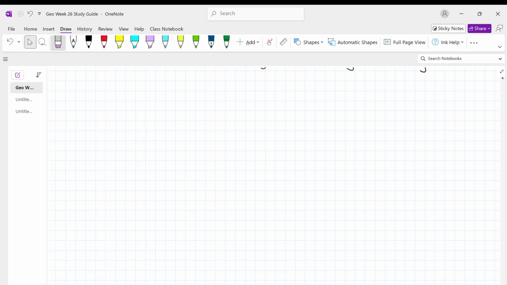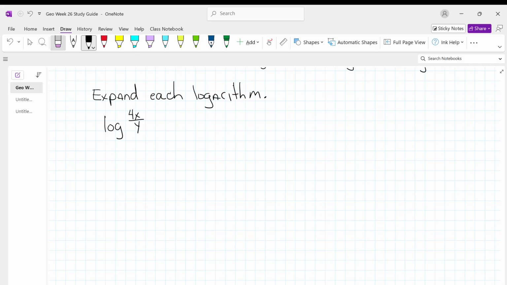Your instructions will be to expand each log. And log 4x over y.